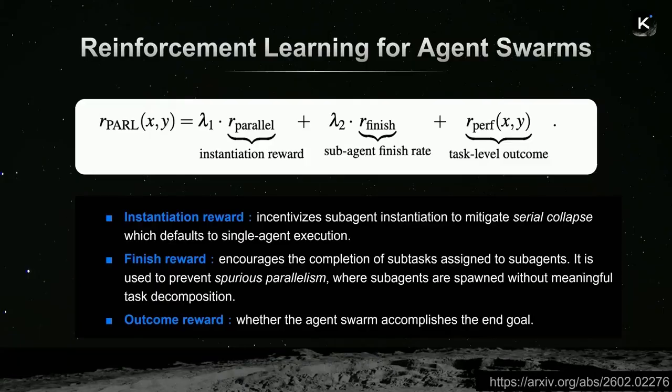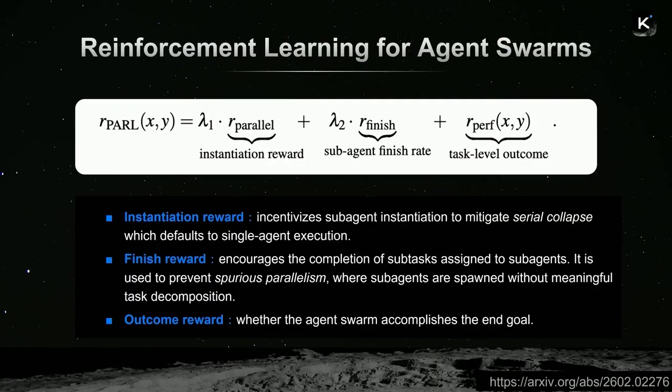It incentivizes sub-agent instantiation to prevent this serial collapse phenomenon from happening. So basically, we don't want it to default to single agent execution. We want to encourage parallel execution, especially early in training.